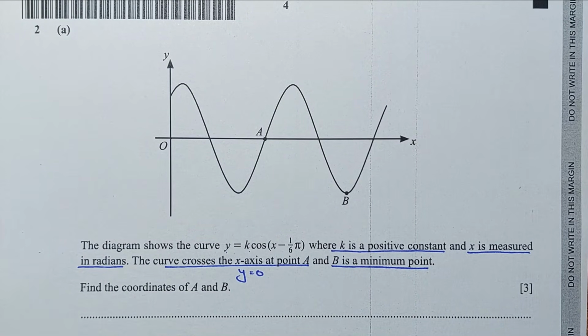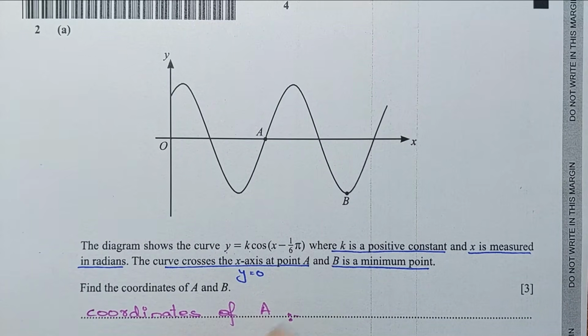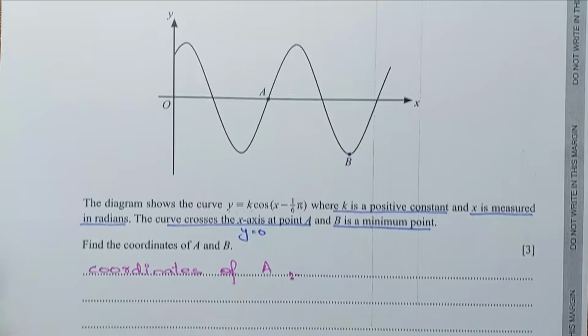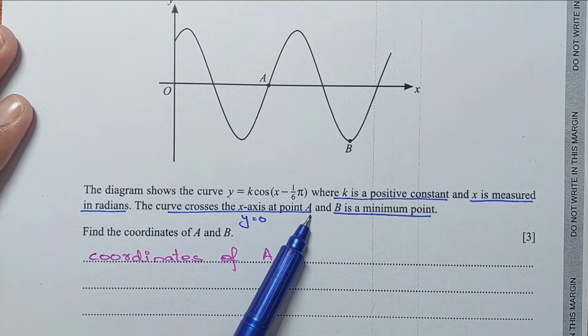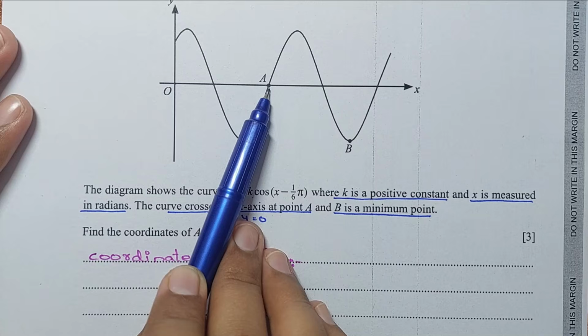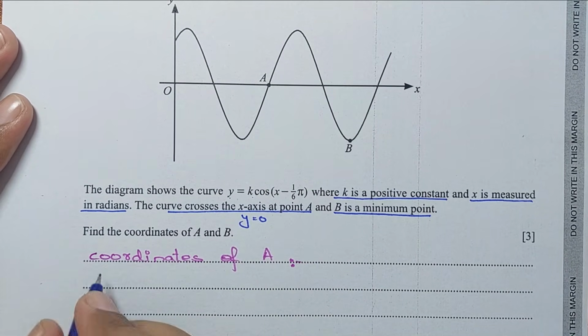So first things first, we need to figure out the coordinates of A. As we have been given that the curve crosses the x-axis at point A, it means y should be equal to 0.